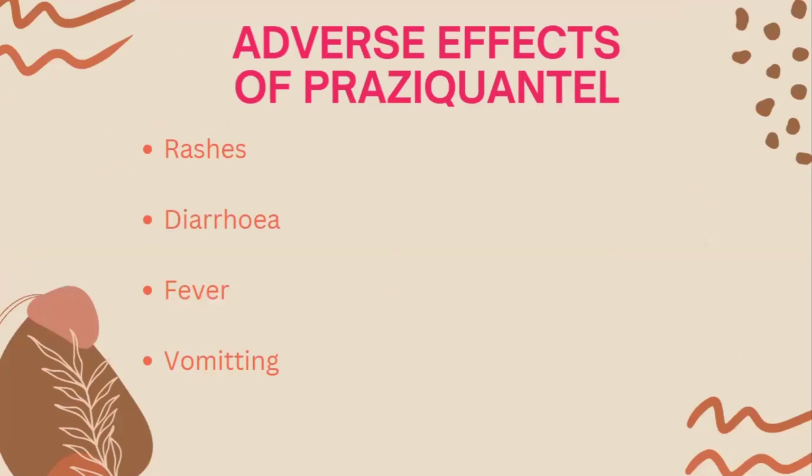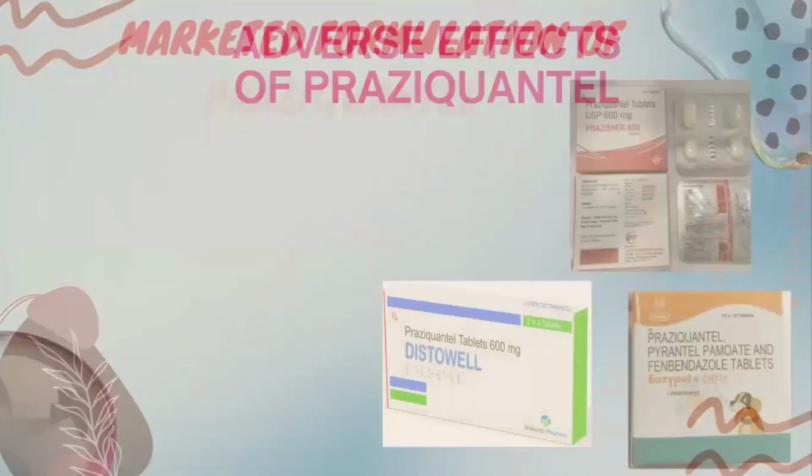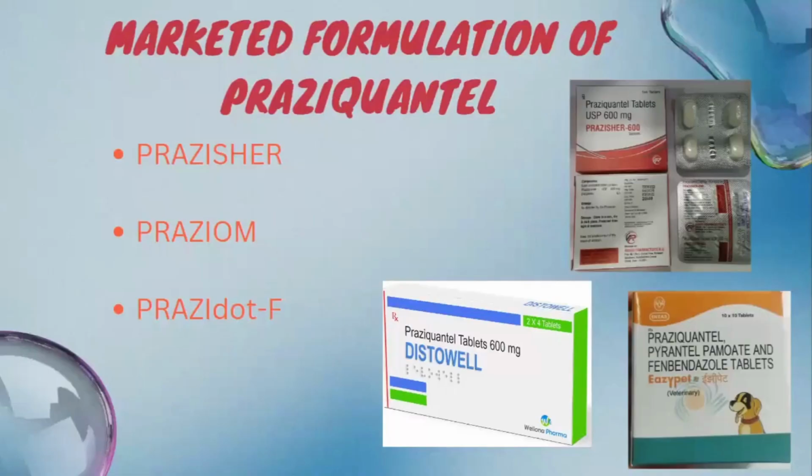Now, some specific adverse effects of praziquantel involve rashes, diarrhea, fever, and vomiting. Some marketed formulations of praziquantel are Prazisure, Praziom, Prazi F.